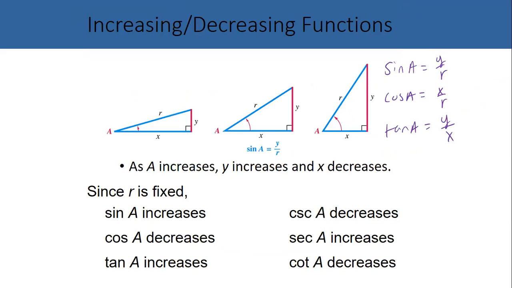Right. So if I'm at 18 and I grow to 21, my X value got smaller, so my cosine is going to get smaller. The cosine of 21 is less than the cosine of 18 because my X value is decreasing.